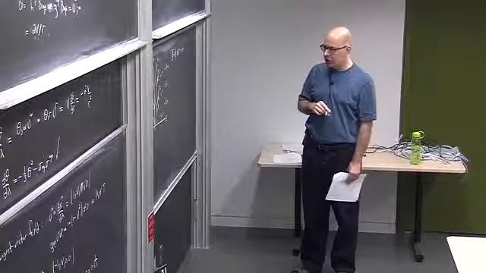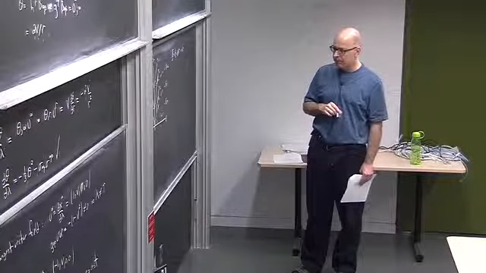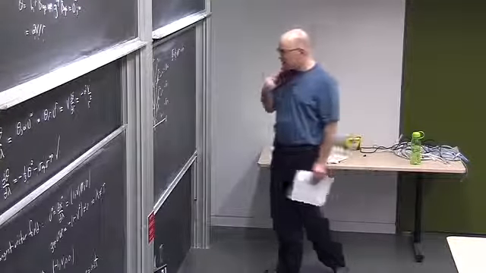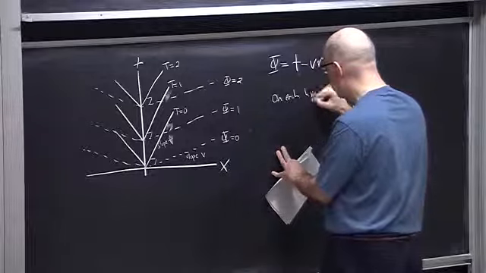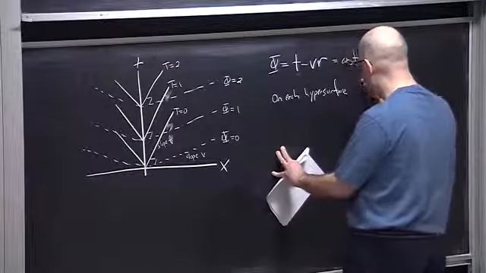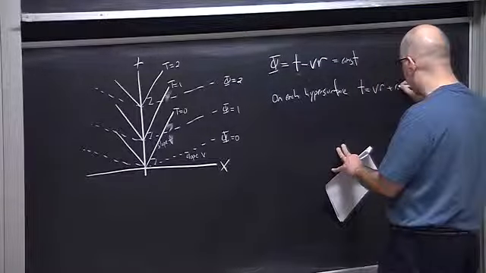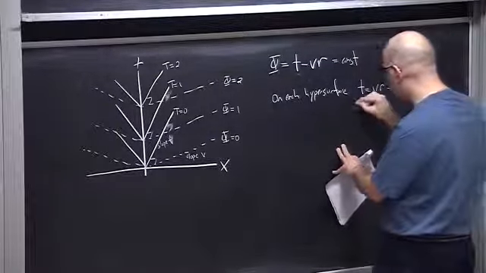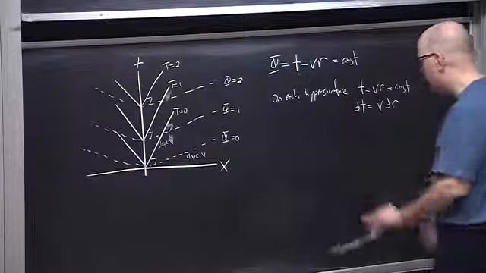But here I just want to do a little exercise that's going to illustrate something when we take the limit. So on each hypersurface, t is restricted to be v r plus a constant, which means that displacements in t are related to displacements in r by this relation.